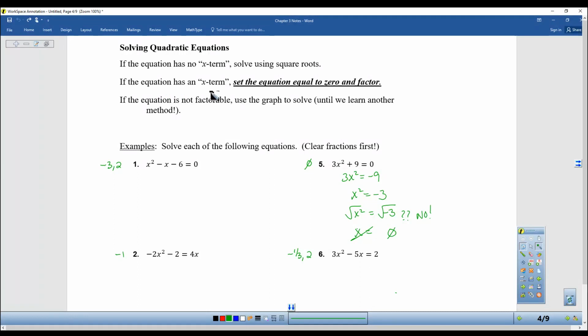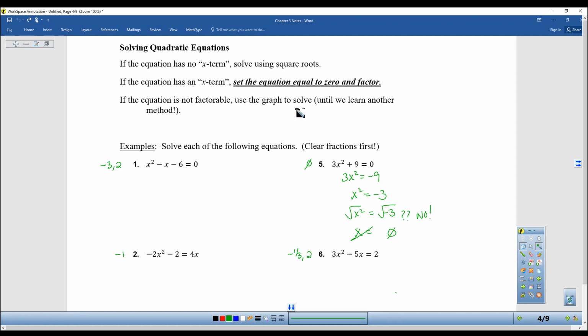If the equation has an x term, your main goal is going to set the equation equal to 0 and factor. That's what you're going to be doing throughout the next couple years, 90% of the time. Now, of course, it's possible that an equation is not factorable, but we don't know how to do that skill yet. You might remember from Algebra 1, which is fantastic. Go for it.